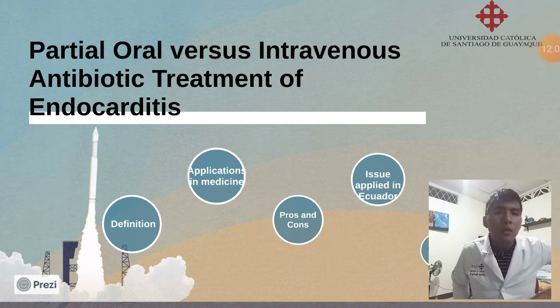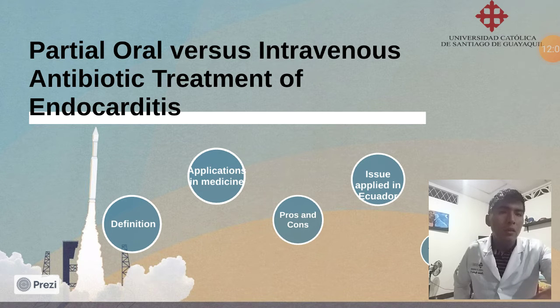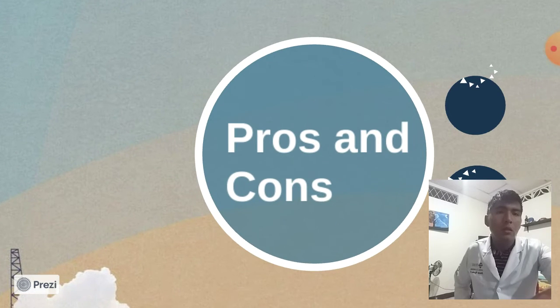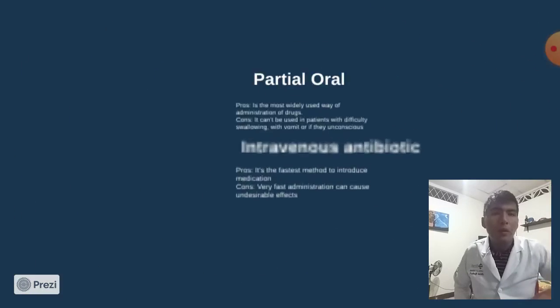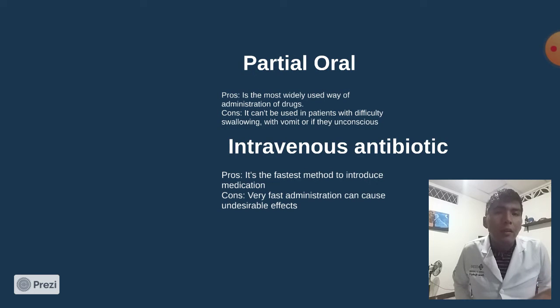Pros and cons endocarditis. Oral route. Pros. Widely used method of administration. Cons. Difficult in patients with difficulty swallowing, with vomiting, or unconscious.